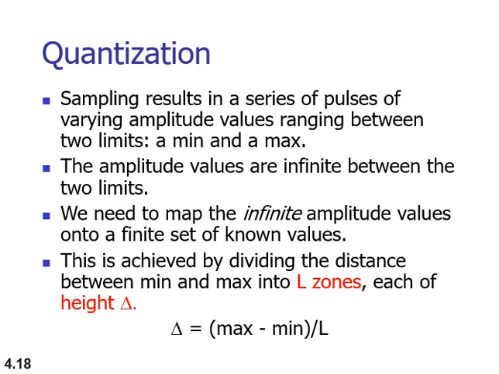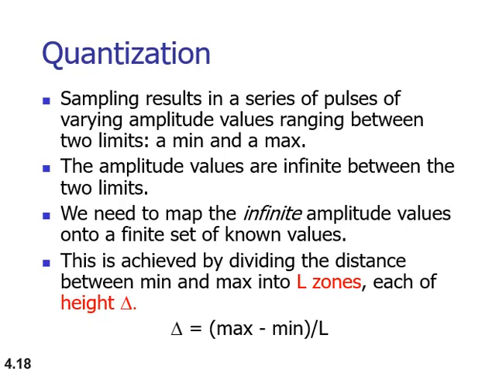So in order to get that delta change, we need to divide the range into some zones. Let's imagine L zones, where L is the number of levels. So each height, or that delta, will be equal to the maximum minus minimum values divided by that L value, right?